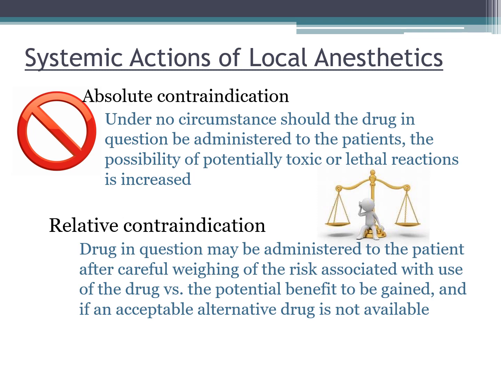Relative contraindication means that the drug in question can be administered to the patient after careful weighing of the risks associated with the use of the drug versus the benefit. So it's the benefit risk weighing it out to find the acceptable drug, if an acceptable alternative drug is not available.